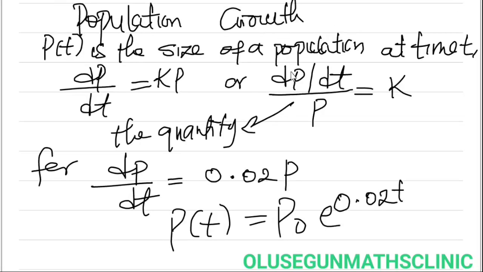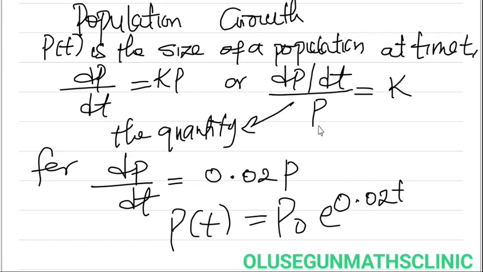Now, what about population growth? The population at a particular time is the size of the population at time t, meaning that the change in population per period of time gives dP/dt divided by P equal to k.